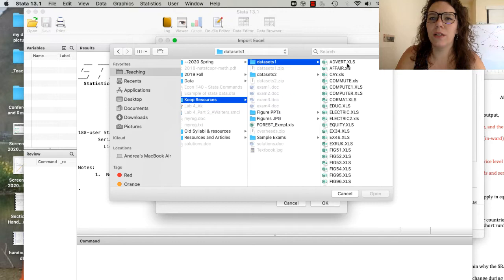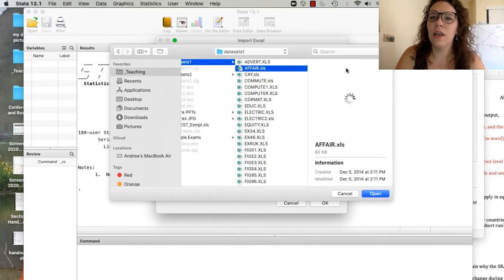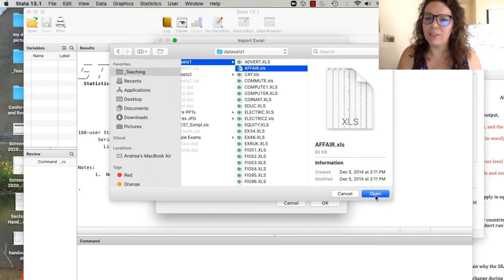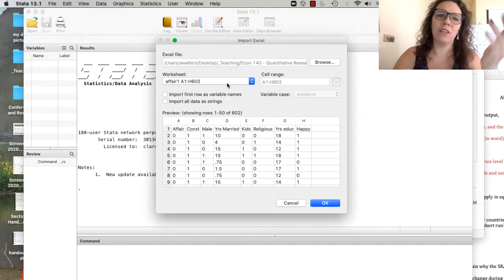If I remember correctly, this data set is from a magazine article, I think they say. Basically looking at whether or not people have an affair and a handful of explanatory variables. Doesn't matter where it's from. They talk about it in the book.